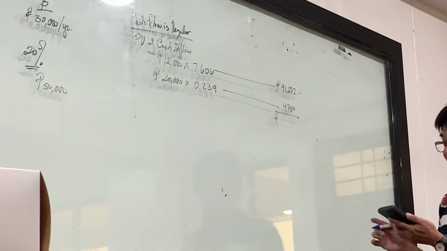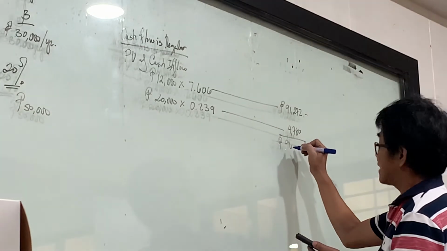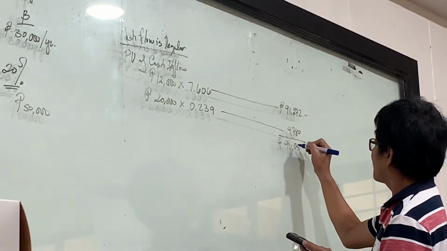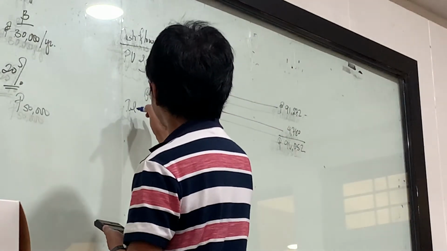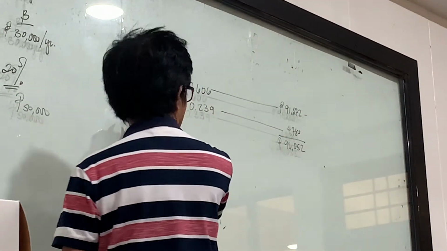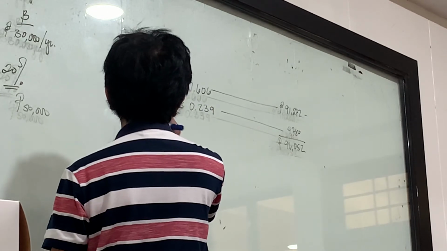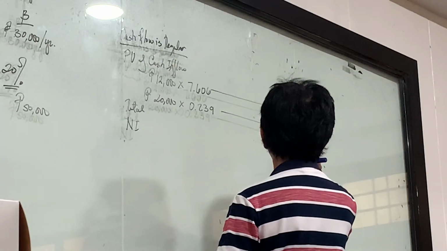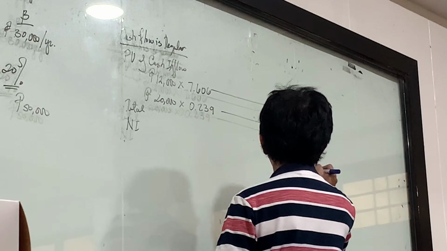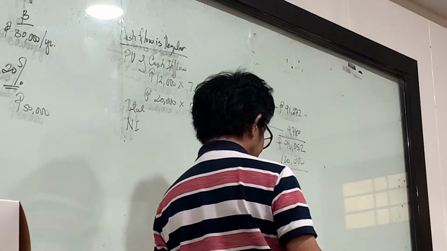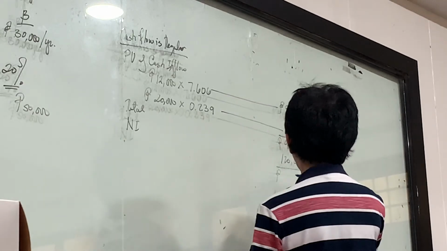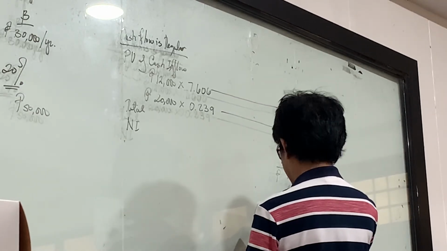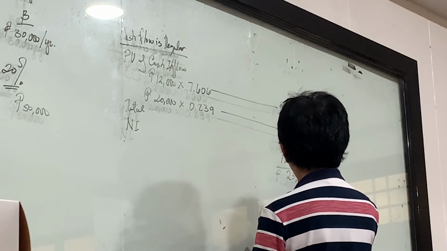So therefore, the total present value of your cash inflow was 91,272 plus 4,780. That will give you 96,052. This is now your total. Less net investment of 120,000. That will give you the net present value of negative 23,948.